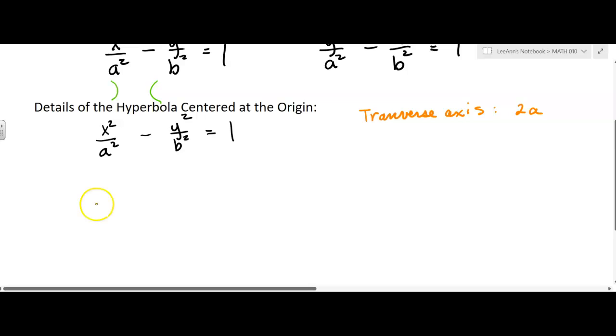All right, so this distance here between the vertices is going to be 2a. Now, you're also going to have the conjugate axis, should be halfway in the middle, and then the co-vertices are going to be here. Okay, so the conjugate axis is 2b.